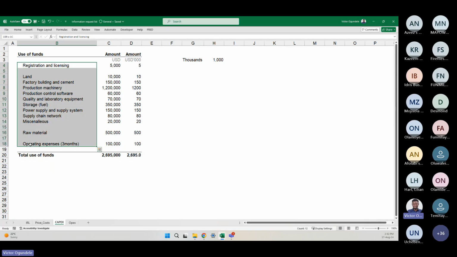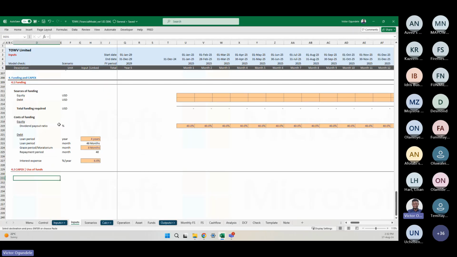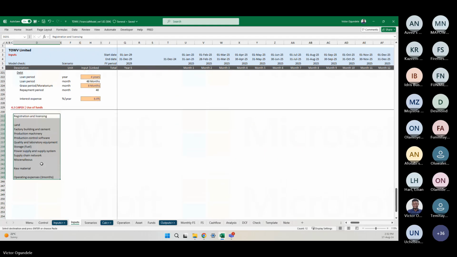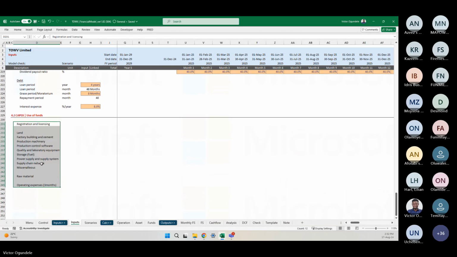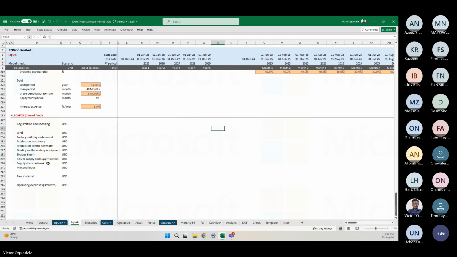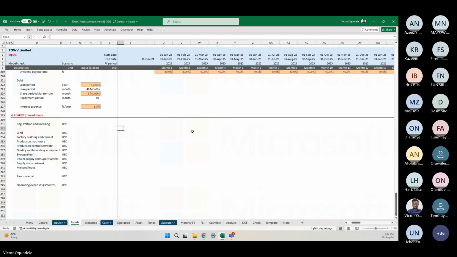Copy the line item, come to my model, paste it here. Put the currency.